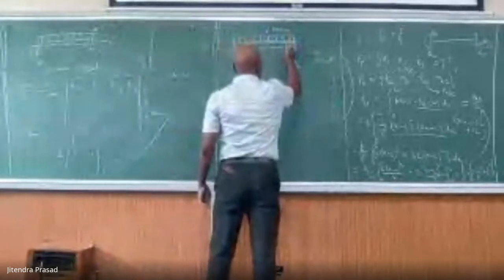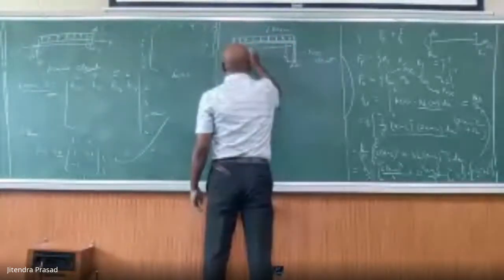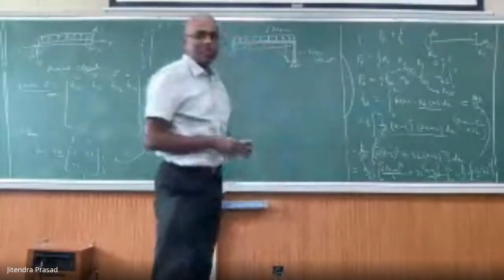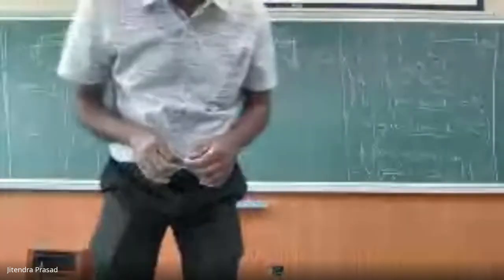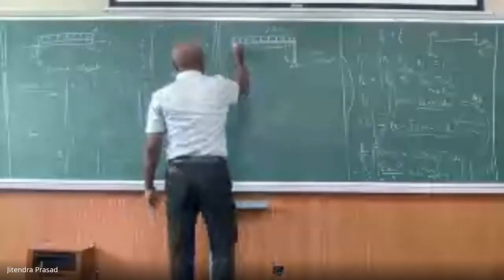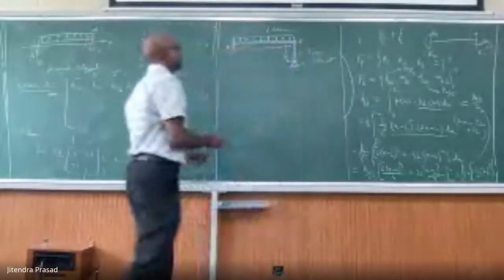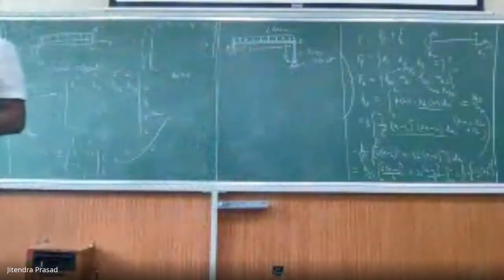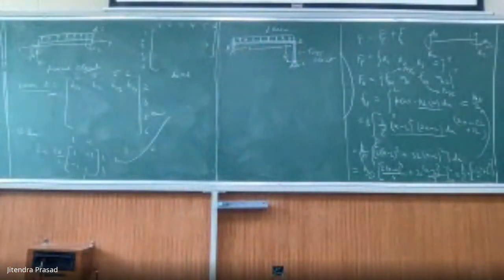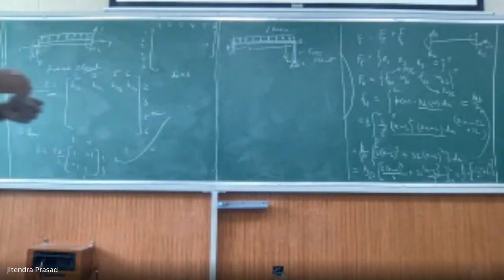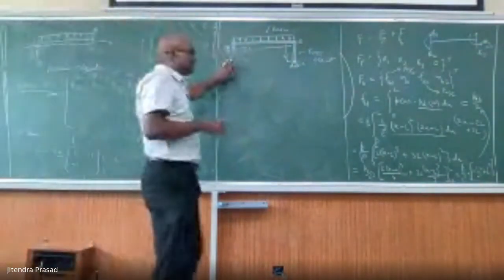It is said that this is L over 2 from here to the L. You have to solve this. How to solve it? Difficult? Easy?